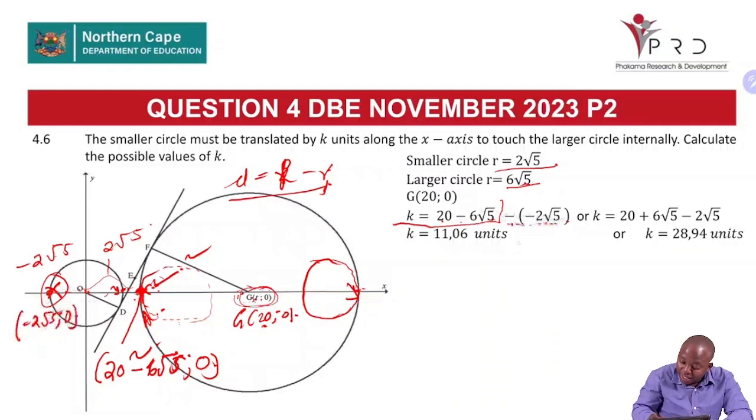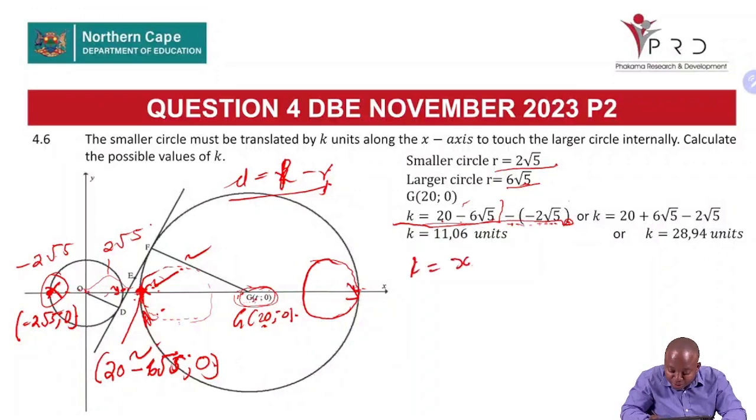Now we're saying the coordinate of the bigger circle minus the coordinate of the smaller circle, the x coordinates only, because it will be shifted in the x direction. So that k is the x of the big circle minus the x of the small one. The x coordinate of the big one is 20 minus 6 root 5, which is that radius of that circle.